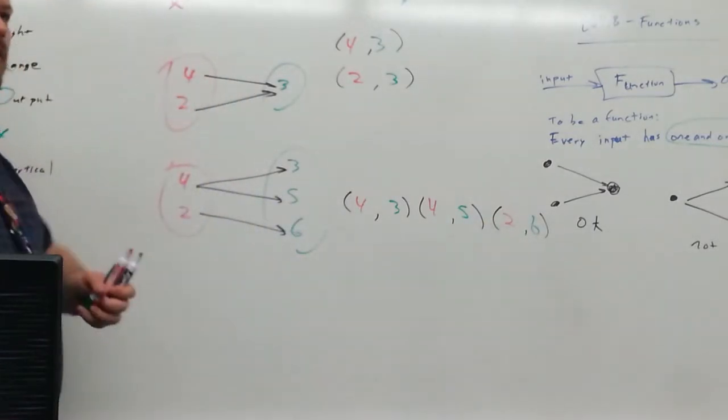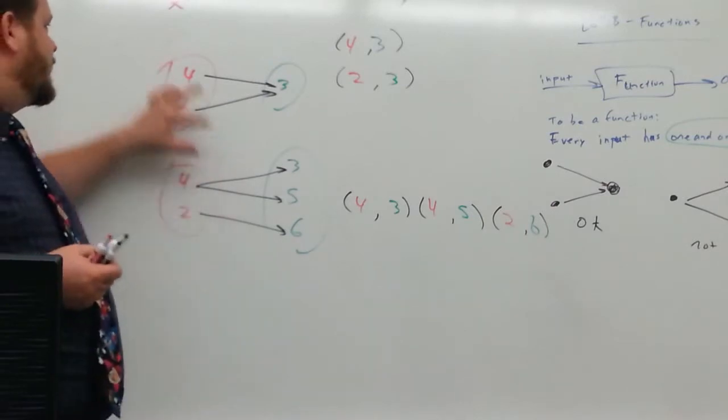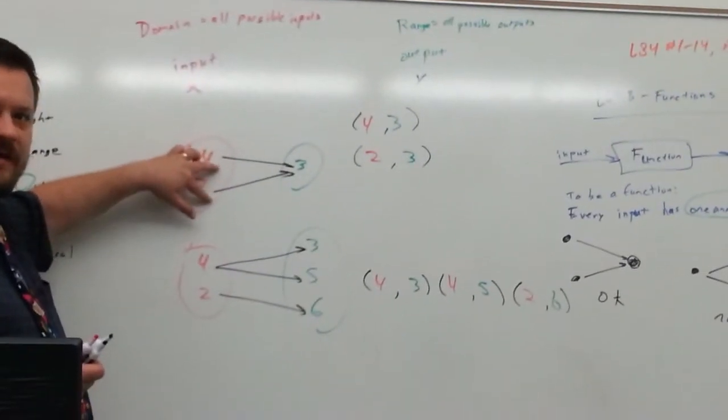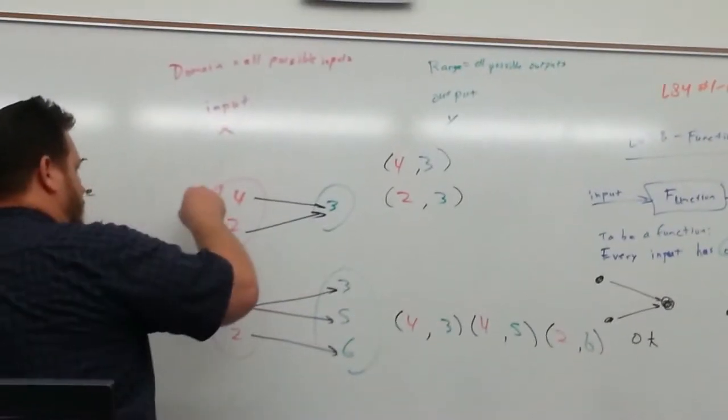So the key here, when it's in this form, it is okay to have different things on the left pointing to the same thing on the right. That is okay.